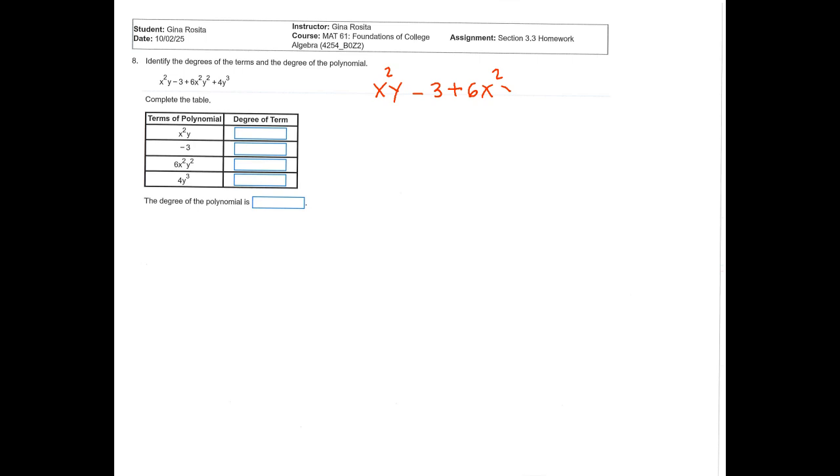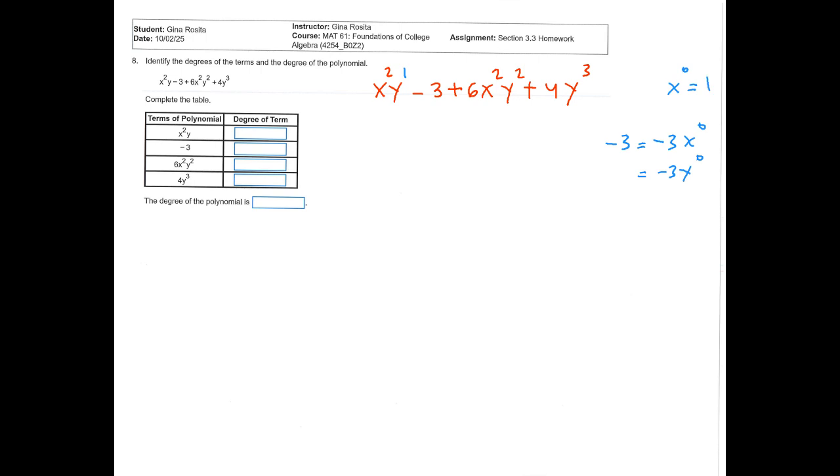Okay, so now for this one, I can put 1 over here. Now negative 3 means you can put negative 3x to the 0, or you can write negative 3y to the 0, because the same. Because remember, exponent 0 always gives 1.